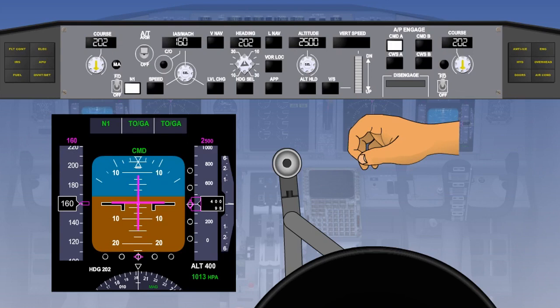This figure is calculated by the thrust computer and is based on the aircraft achieving a target vertical speed, typically 2,000 feet per minute. Go-around thrust is not necessarily full thrust. On some aircraft types, pressing the Takeoff Go Around switch a second time will advance the throttles to full thrust.